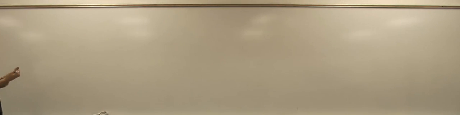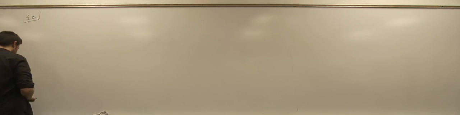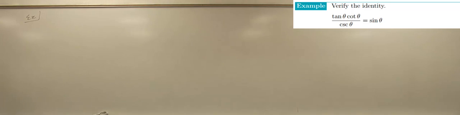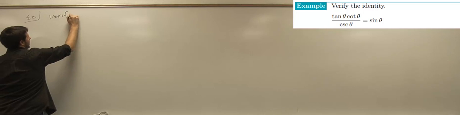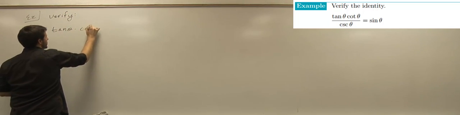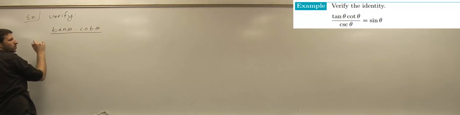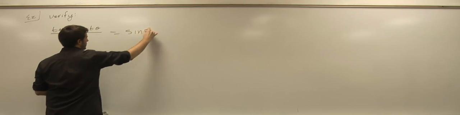All right, so verify the identity. I gave you tan theta times cotangent theta over cosecant theta equals sine theta.